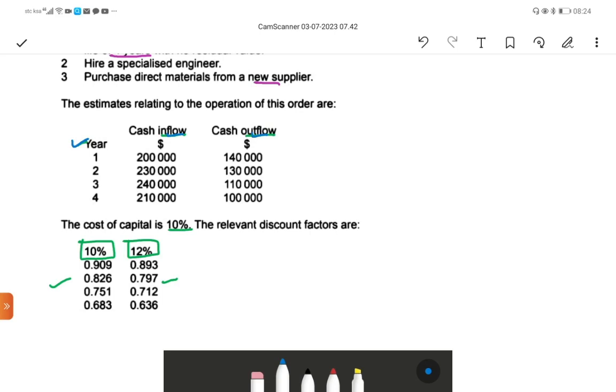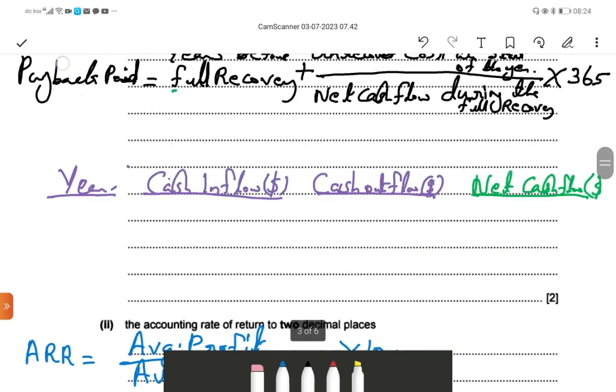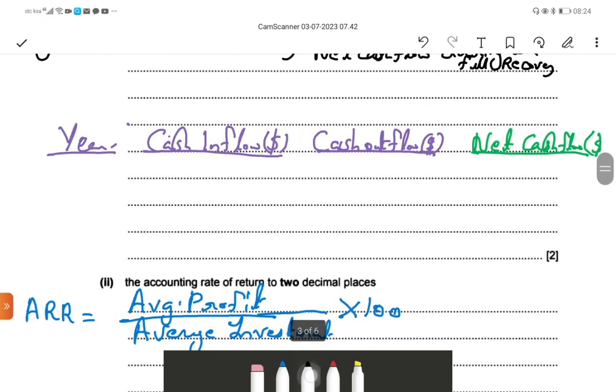So cash inflow minus cash outflow is equal to net cash flow. We do year 1, 2, 3, 4.